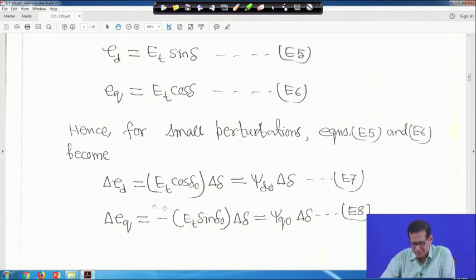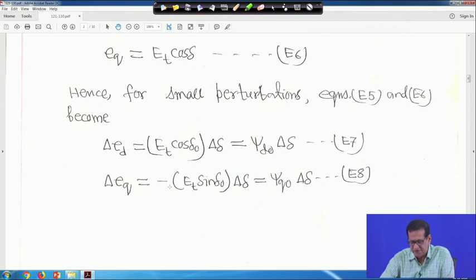So that is equation E 7. Similarly, your delta E q will be minus E t sin delta 0 into delta, and this one we have seen will be psi q 0 into delta. This is equation E 8, right.